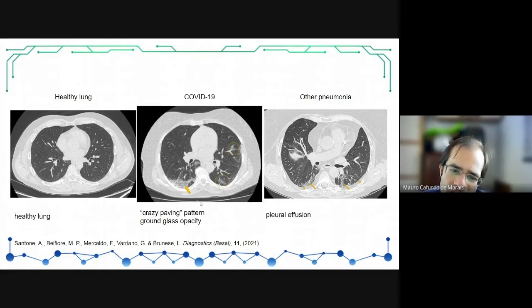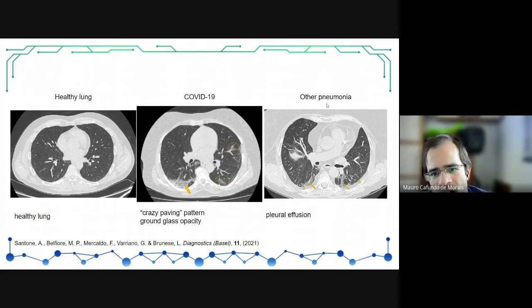What we see here is the famous ground glass opacity in this yellow circle, with the so-called crazy paving pattern. This is a very frequent finding by radiologists in CT scans.